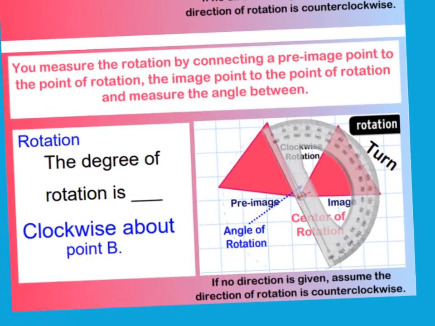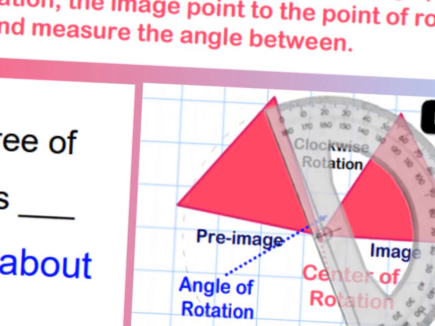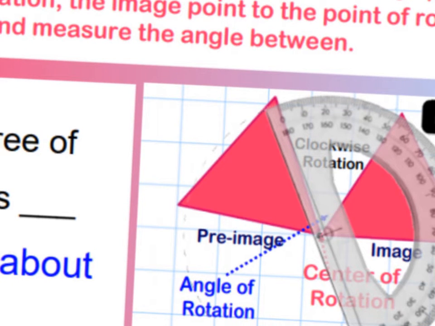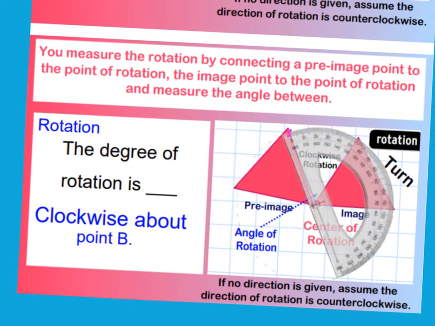So let's measure a rotation. If we want to start, we'll start at a pre-image point. Let's call this point my pre-image point, right here. If I want to measure that degree of rotation to here, I start by connecting my pre-image point to the center of rotation.